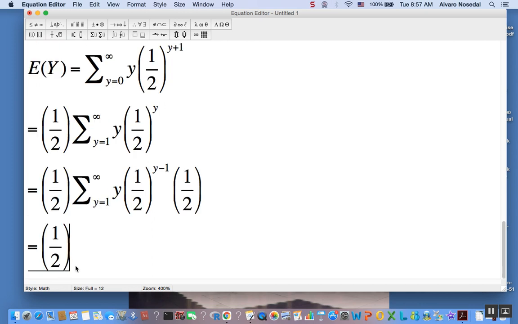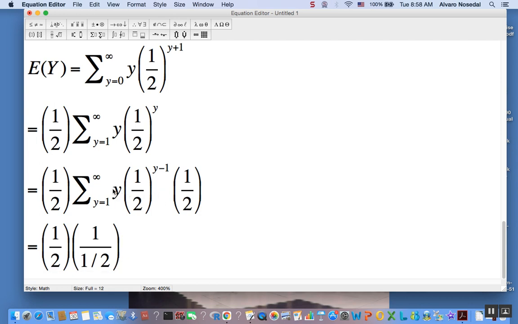is 1/2 times one over 1/2. And again, this is because this is a probability mass function of a geometric with parameter 1/2, and this is y, and you're doing the sum for all y's of y times a PMF.